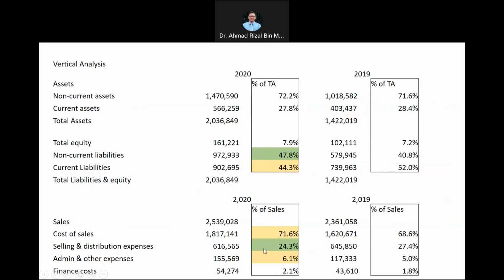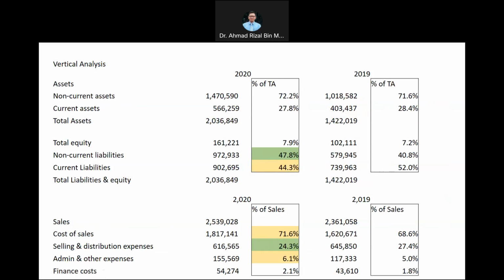Okay, we would be interested in starting from the cost of sales. Notice that cost of sales increased quite significantly, although net not that high, from 68.6% to 71.6% of sales, showing that the cost of doing business for 7-Eleven increased quite substantially over the year.